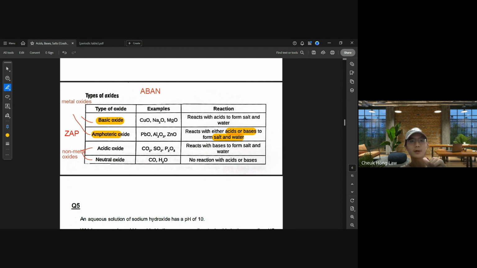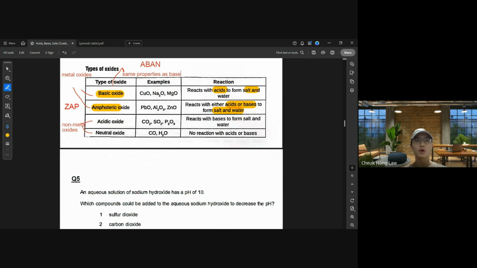Basic oxides have the same properties as a base, which means they can react with acids. Remember neutralization? Base and acids form salt and water. So basic oxides react with acids to form salt and water.